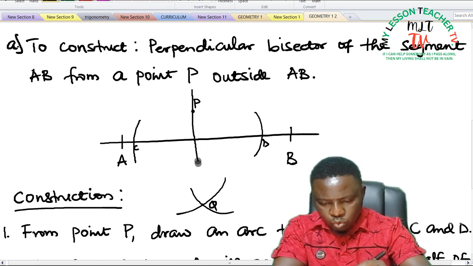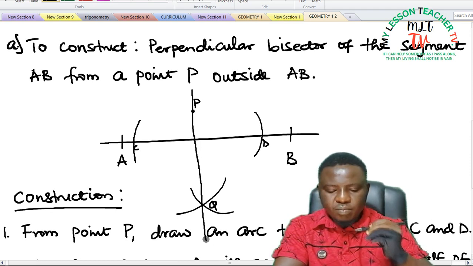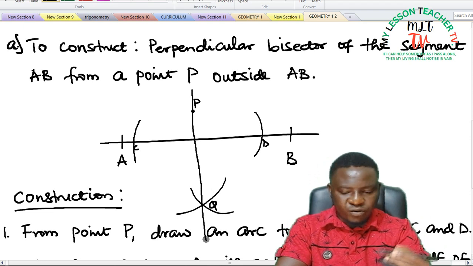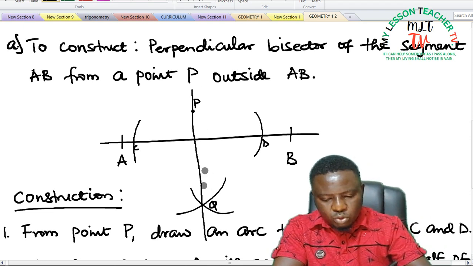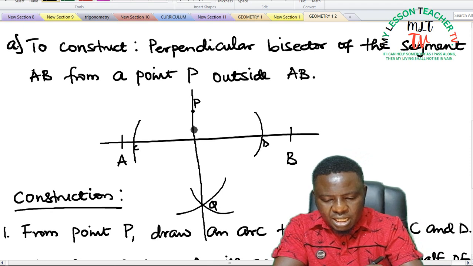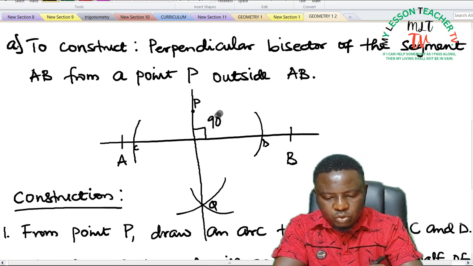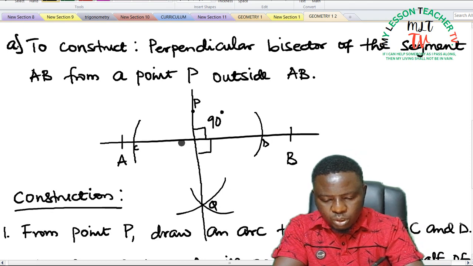When you use your rule, you have something like this. Now, because this is a freehand sketch, it will not be drawn to perfection. But when you are done, you discover that the angle at this point will be 90 degrees, or this point, or this point.